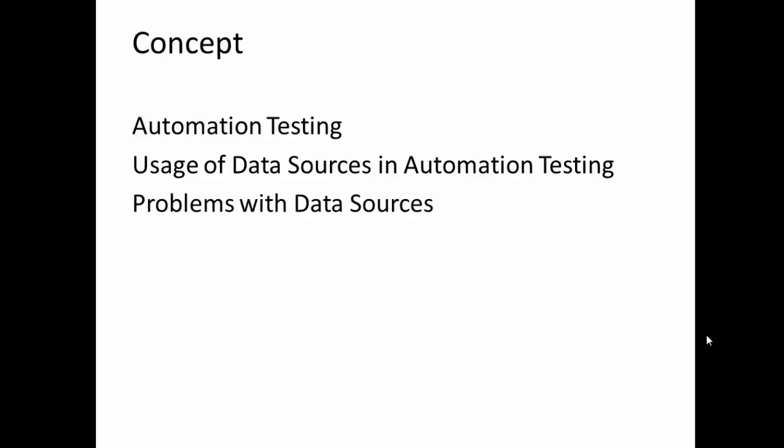Now what is the problem? Nowadays we have many data sources like Excel sheets, CSV files, property files, then databases. We have many data sources out there in the world right now. If you are writing something in your code, you have to write different code for these different data sources if you want to use them in your test case architecture framework.